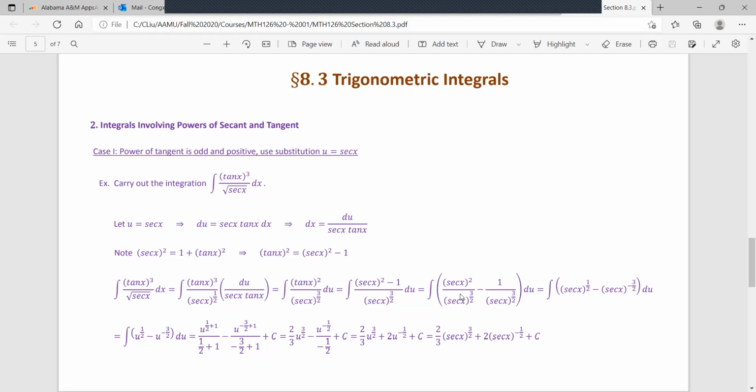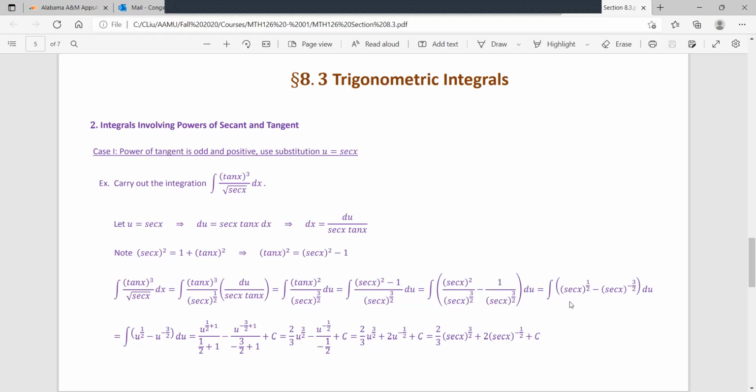So that becomes secant x squared over secant x to the 3/2 minus 1 over secant x to the 3/2. Okay, so in the first term, you just subtract the exponents. You divide the 2 powers of secant x. So 2 minus 3/2, you just get 1/2 if you rewrite 2 as 4 over 2, right?